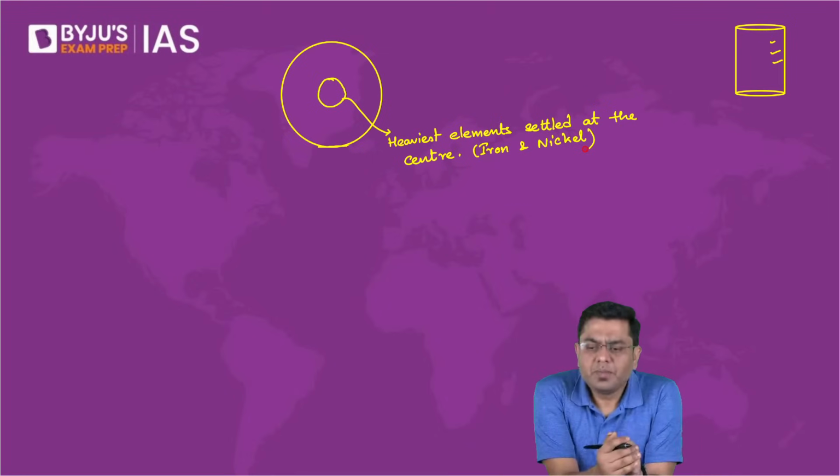Now, you have to understand that as the heaviest elements settle down, this is a planet that we are talking about. This is not a small sphere. What is the radius of the planet? Roughly around 6370 kilometers, or 6400 kilometers as an approximate value. You can think about it.